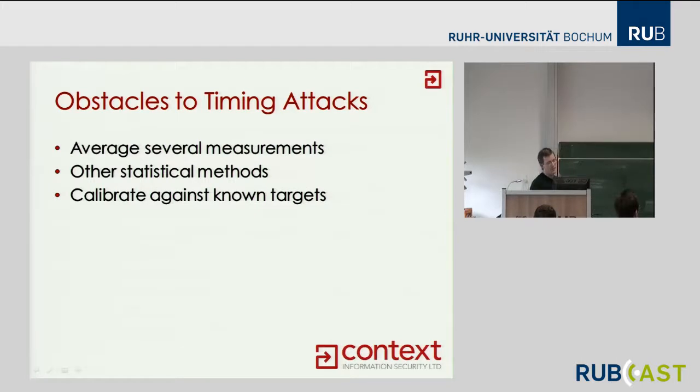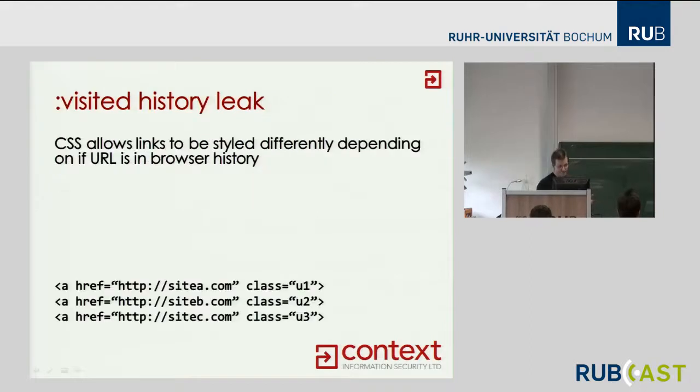But yeah, those can help sort out latency and jitter and things like that. And also, it's possible that the attacker's code can perform some sort of calibration, so it can do a test against a subject that is known, and then when it's testing against some unknown resource, it has something to compare it to.